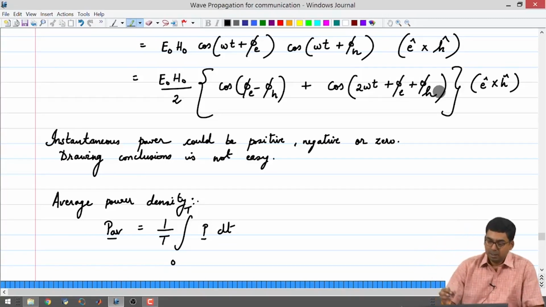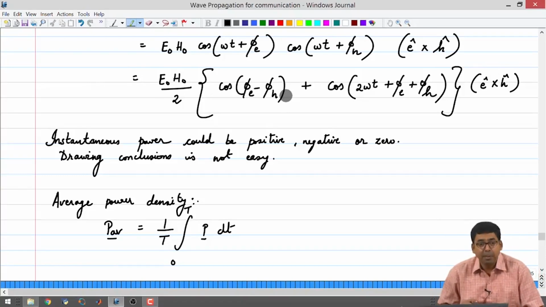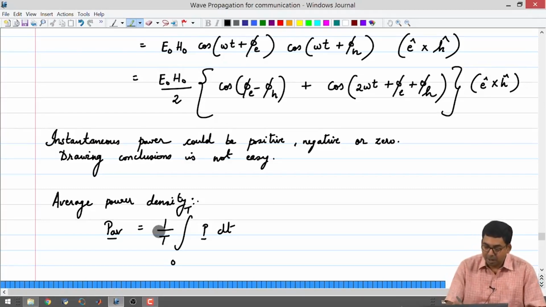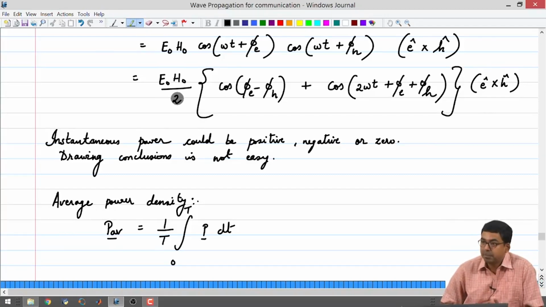The first term, yes, we can understand that it seems to be independent of time. So, if I integrate it, I will just have to multiply it with the time period, and then I have a 1 by T coming out. So, the time and time gets cancelled. So, the first term remains as such in the case of average power density.